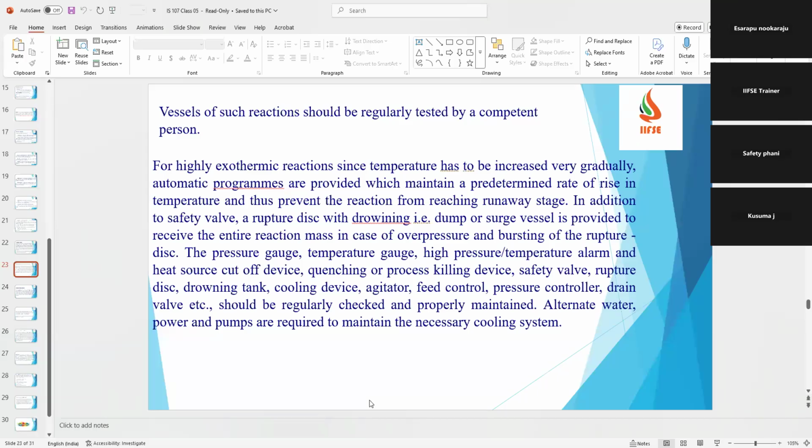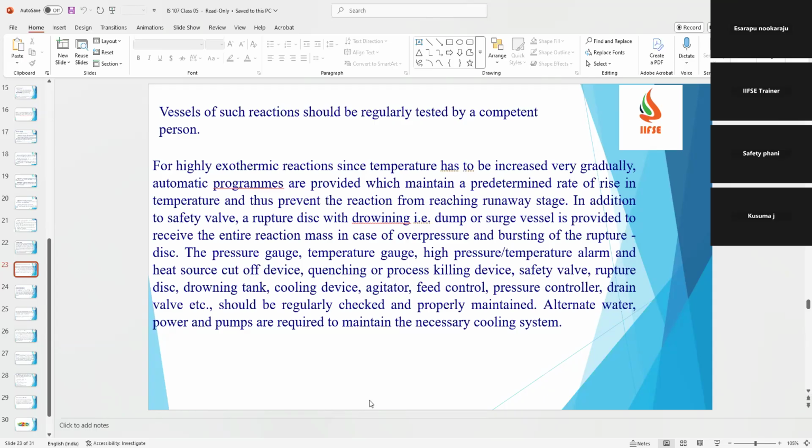When I say rupture disc, basically it is a one-time application. Once it opens up, you have to place a new one. It is a kind of disc, a thin plate. It can just rupture, the same way you can rupture a paper using a pencil, it will rupture at certain set pressures.